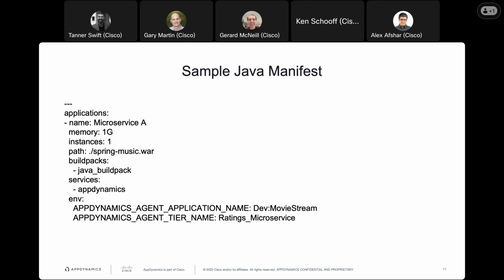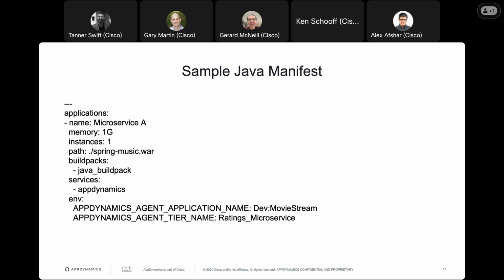But I want to make sure my microservices are differentiated from one another. How do I do that? Each microservice is its own tier. So I have AppDynamics agent tier name, and I call it ratings microservice. So what I've done essentially is make a big bucket that says group all my microservices under dev movie stream, right?